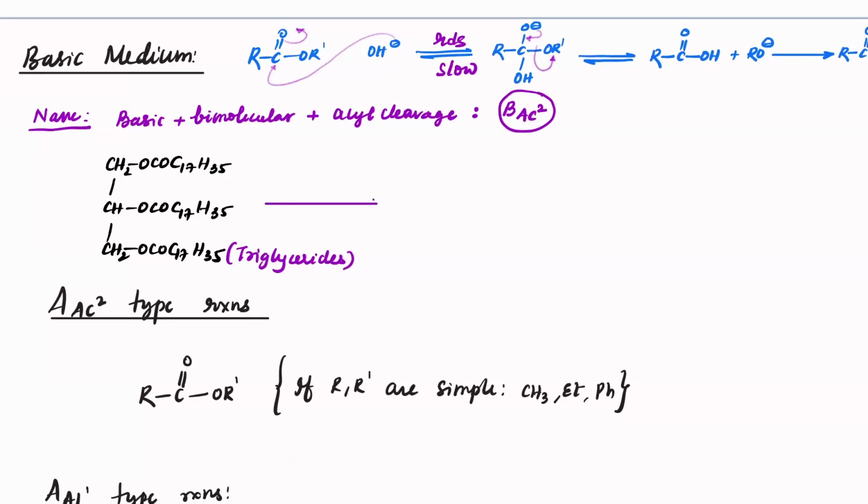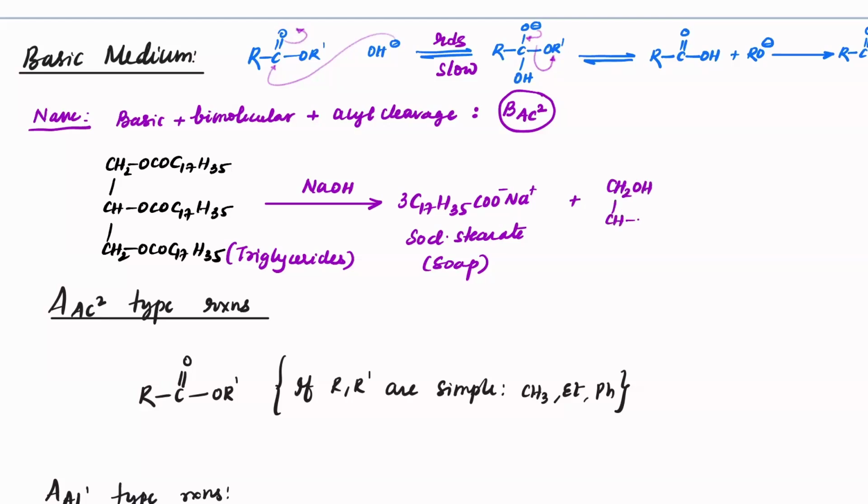Triglycerides, when you react with NaOH, it is an irreversible reaction where you'll get 3 moles of C17, H35, COO minus Na plus, which you call sodium stearate. Sodium stearate is nothing but the soap; this is the typical composition of soap. And we will get another product which is glycerol.